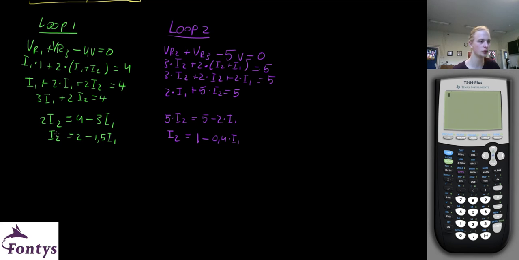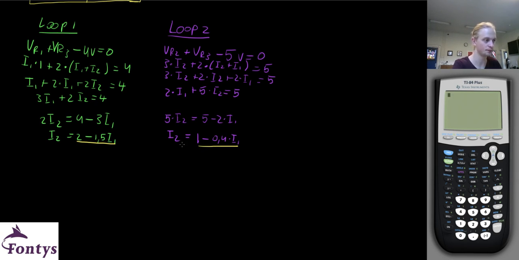By now we've got two equations for the same variable. So you get that I2 is equal to 2 minus 1.5 times I1, but it's equal to 1 minus 0.4 times I1 as well. So these two are just the same. We can also say that this is equal to this, since it's both equal to the same number.